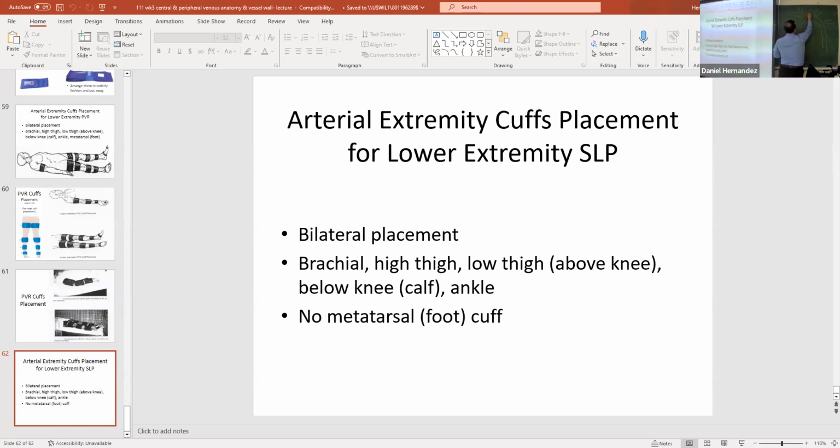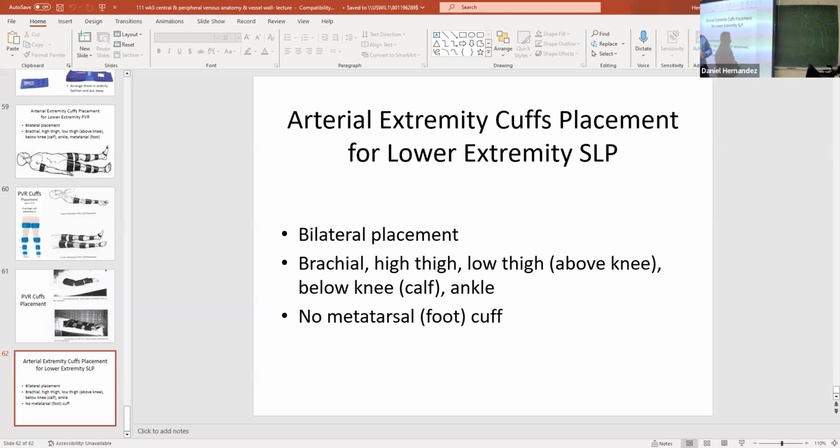What's that first branch off your aortic arch? Anyone remember that guy? Say it if you know it. Brachiocephalic or innominate artery.